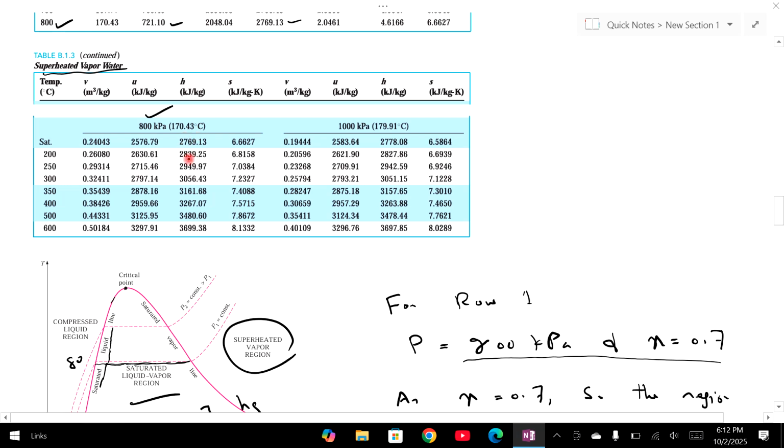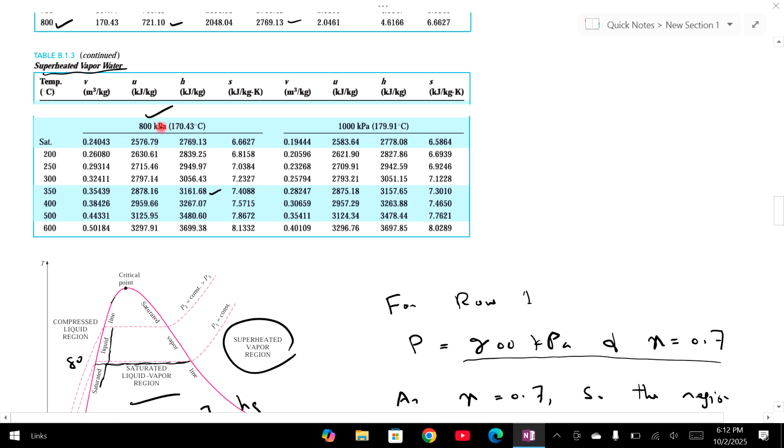The exact value of enthalpy is not available here, but 3056.43 and 3161.68 are available. 3161.68 is more close to our value of 3162, therefore no need of interpolation.